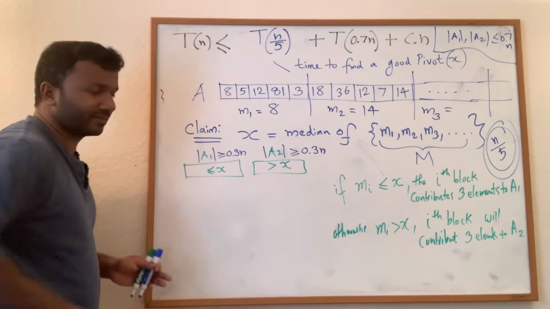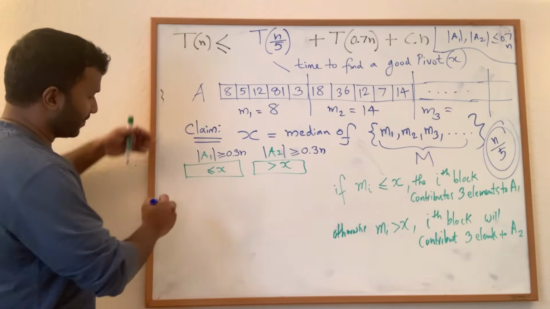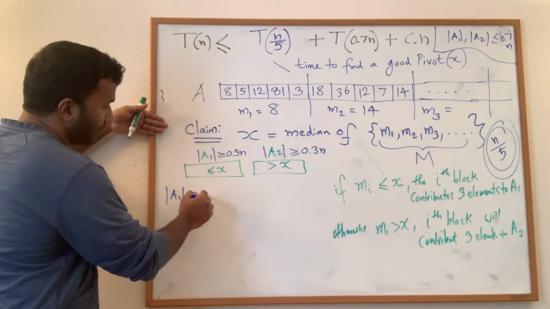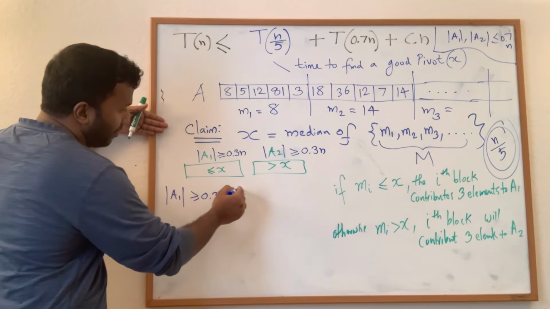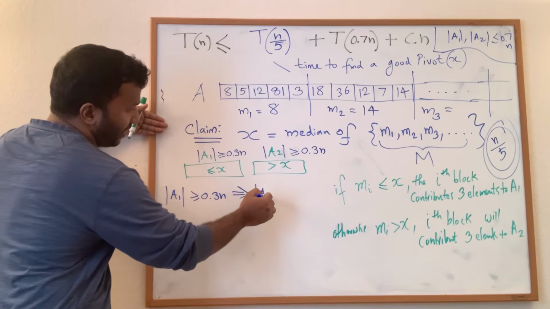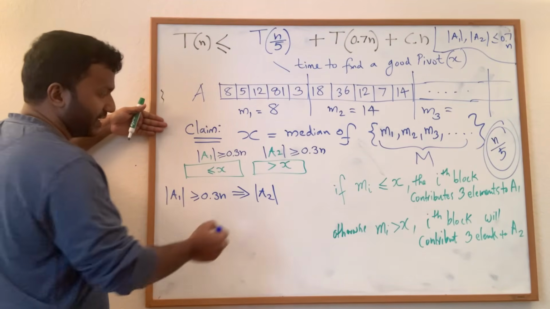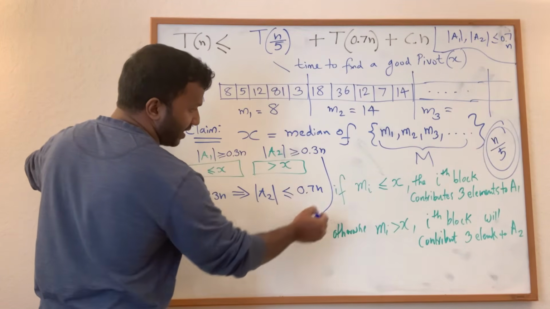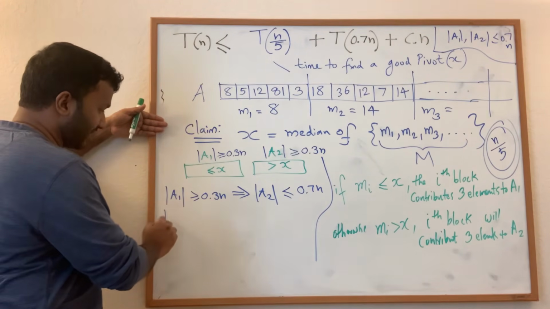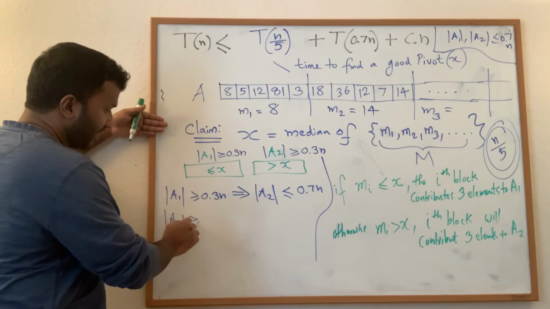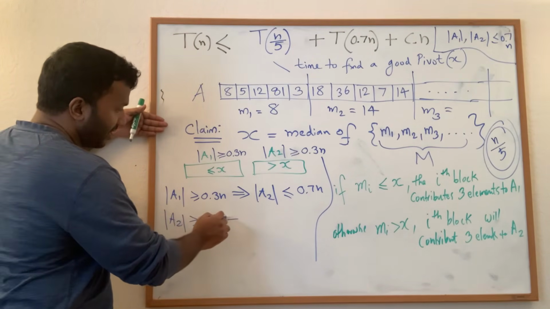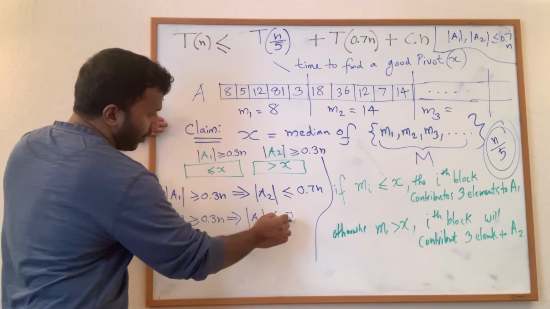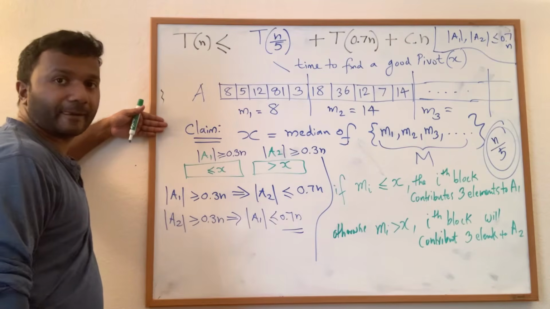Okay. Now, the size of A1 greater than 0.3 n implies the size of A2 is lesser than 1 minus 0.3, that is 0.7 n. Similarly, the size of A2 greater than 0.3 n implies the size of A1 is also at most 0.7 n.